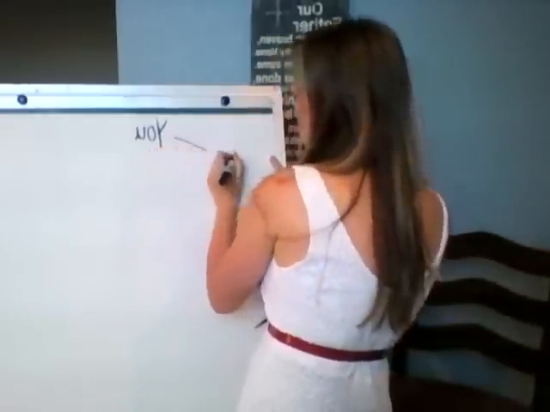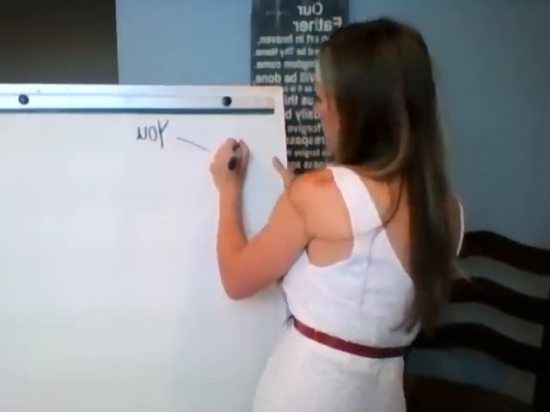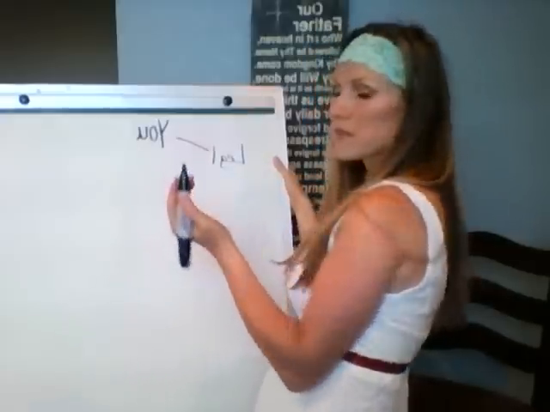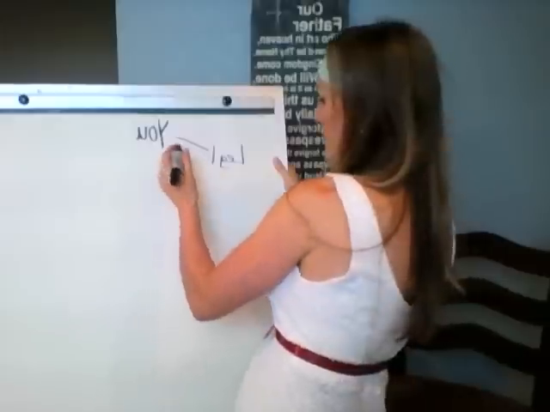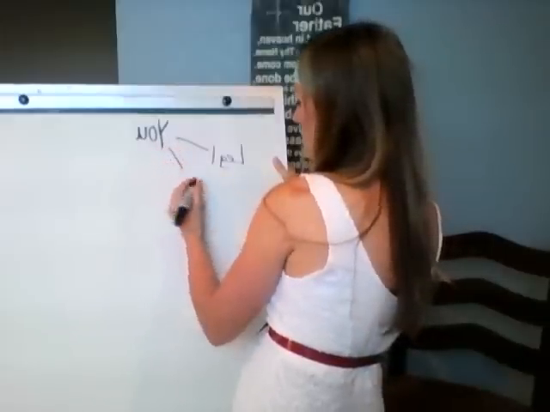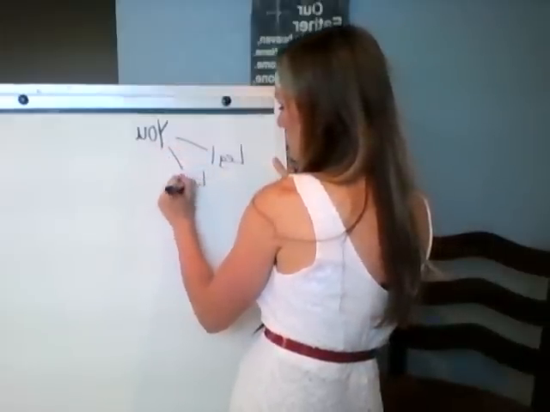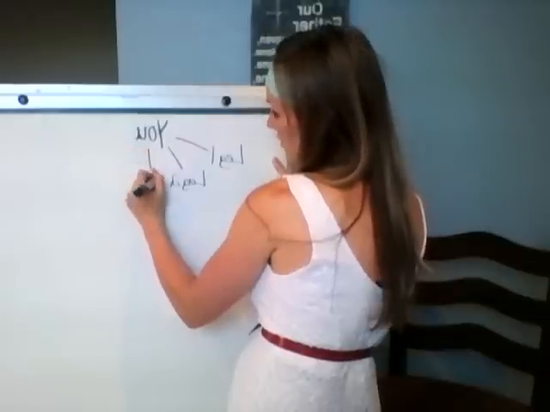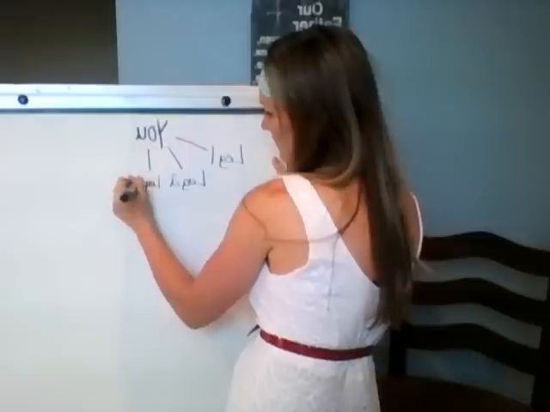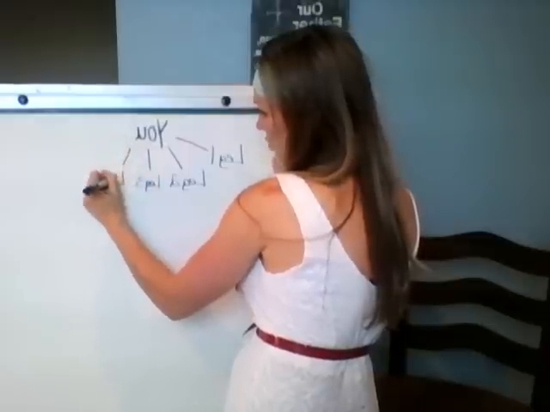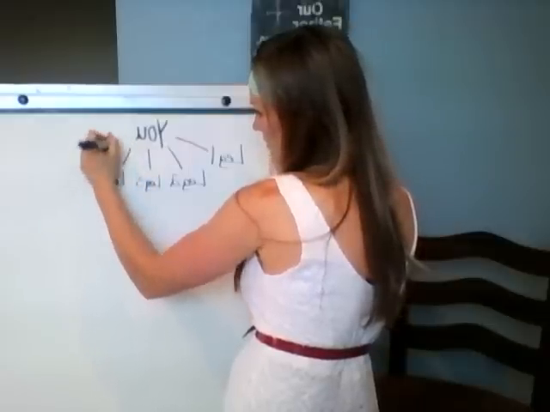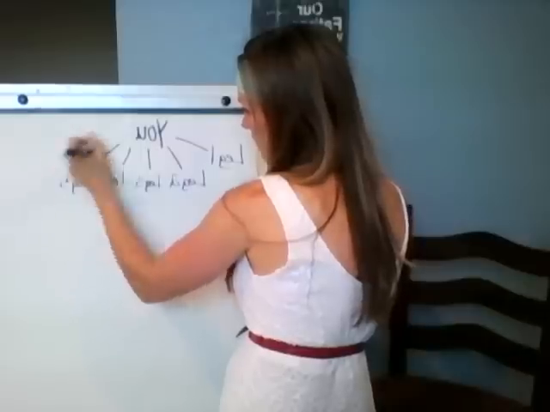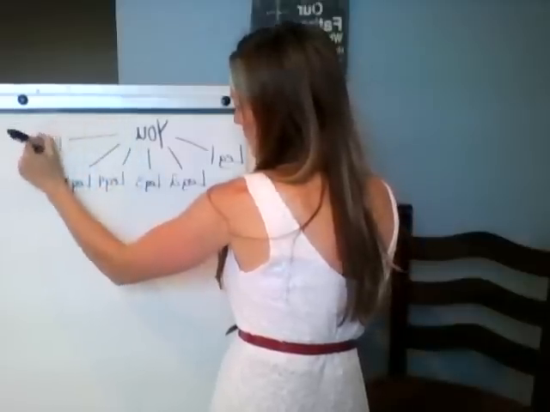So what this is going to look like is your leg 1. Let's say that's Sally, for lack of a name, okay? And then you've got your leg 2. Maybe that's Mary or someone, or Jennifer. Leg 3. Leg 4, leg 5, and leg 6, okay?